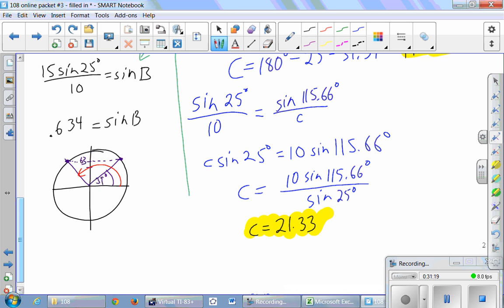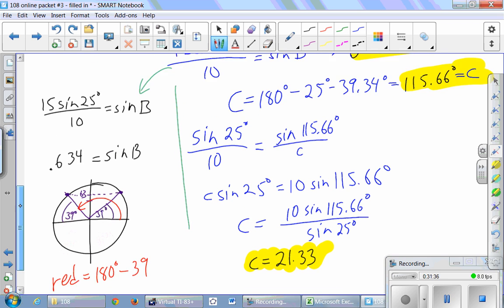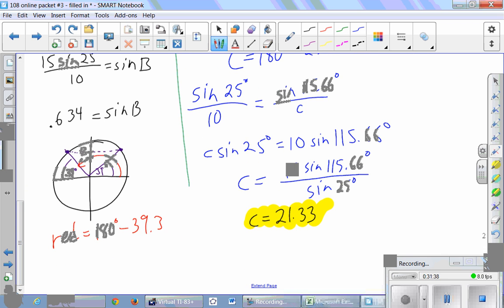So by symmetry, we know that this little guy in here, the reference angle, is the same 39 degrees and change that we got before, which means that the red angle is 180 degrees subtract the 39 point 34. So that means that the red angle is 140.66 degrees.